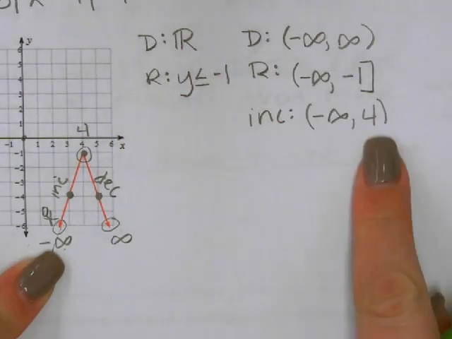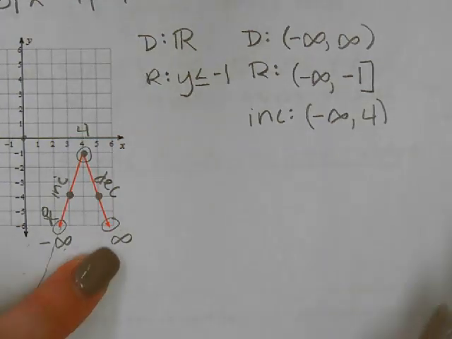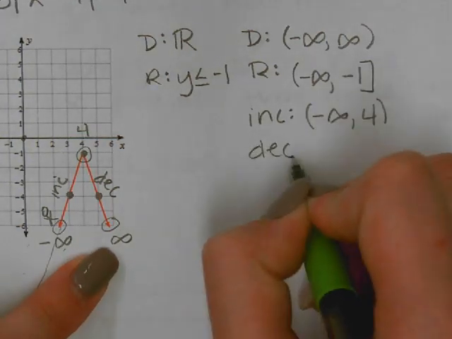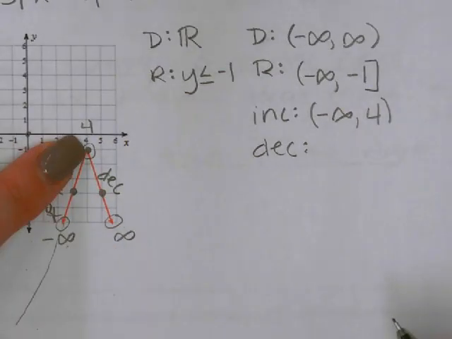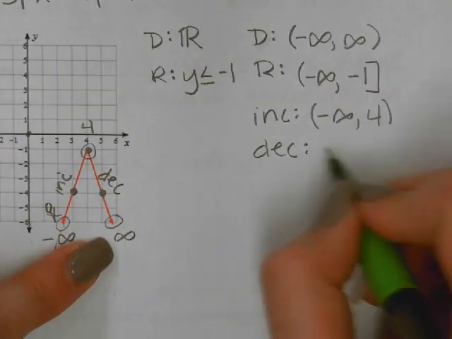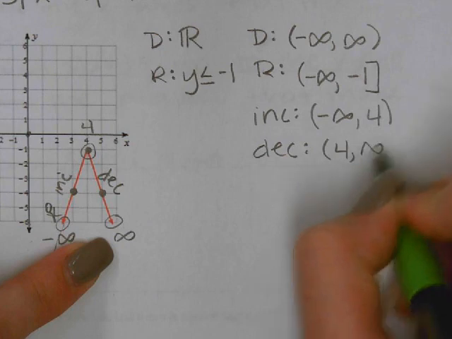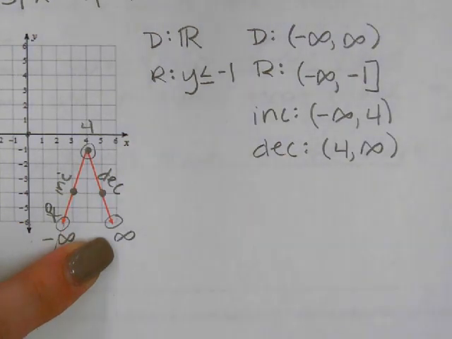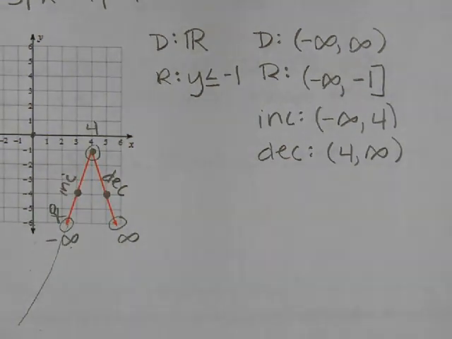And when we put the 4, we're going to put a parenthesis around that, and I'm going to tell you why in a minute. And then this graph is decreasing from 4 down to infinity, or I guess I should say all the way over to infinity.